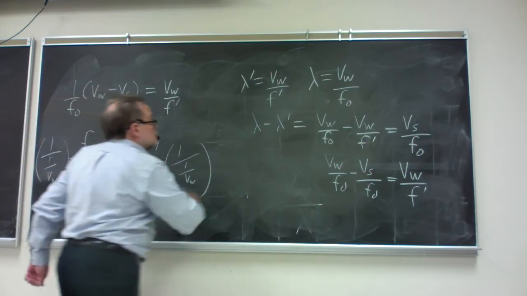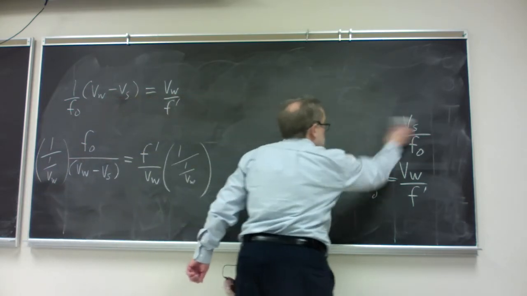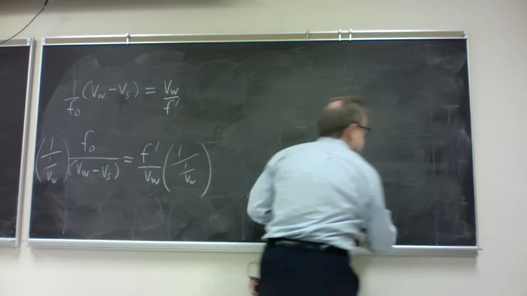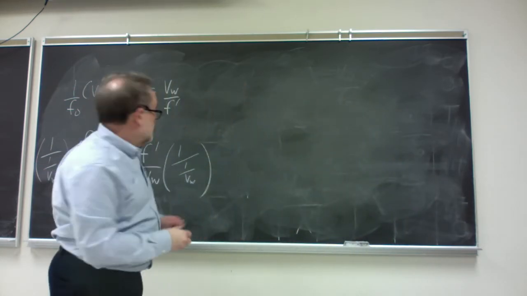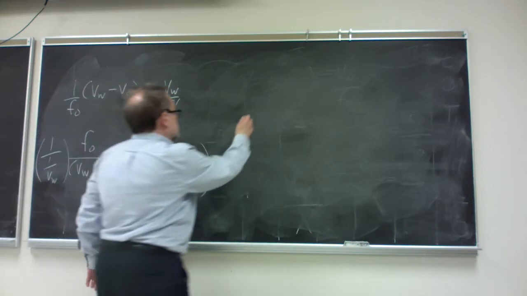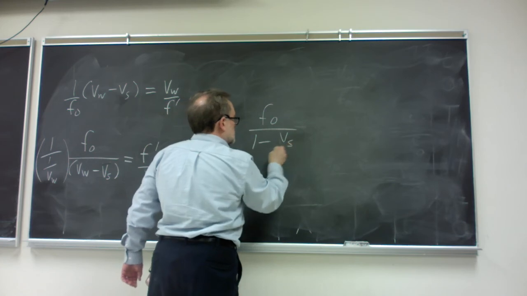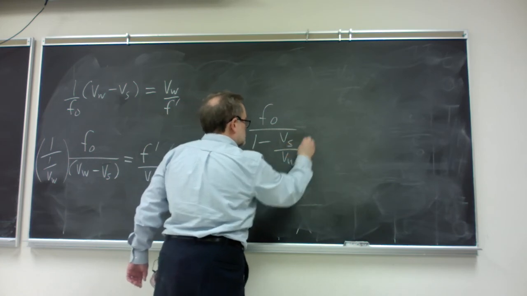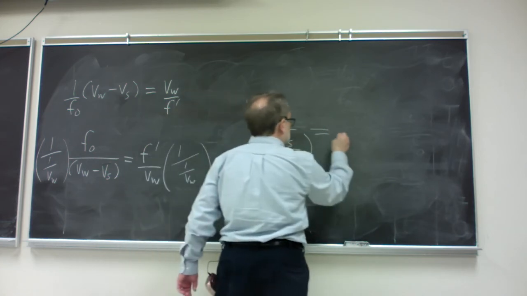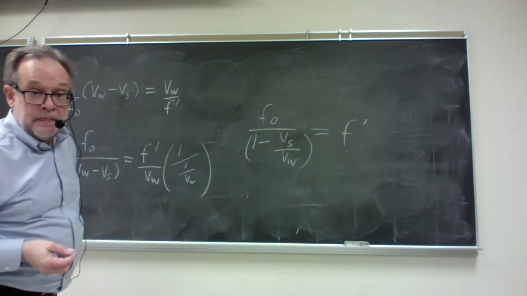So relatively simple, handy equation that you can actually interpret and make sense out of. Now the simplified version of the right-hand side is just source frequency times 1 minus source speed over wave speed equals, on the right-hand side, nothing but the perceived frequency.